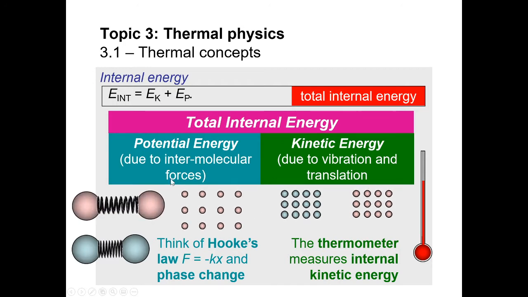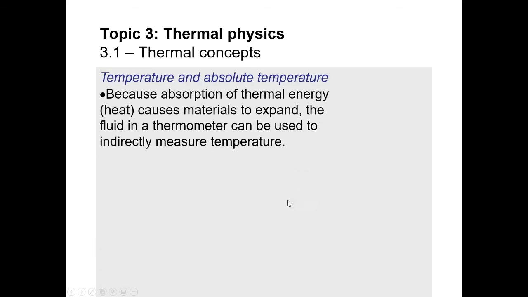Now, in the slides, it tells us to think of something called Hooke's law, and we've got some atoms and springs between them. We don't learn about Hooke's law or springs until grade 12 physics, so please just ignore this for now. All I need you to know is that there is total internal energy represented by potential energy and kinetic, and that thermometers measure internal kinetic energy.